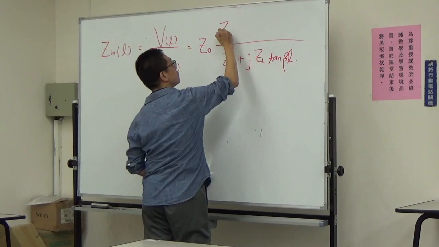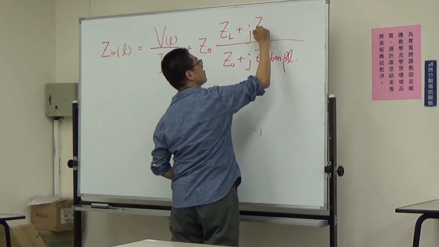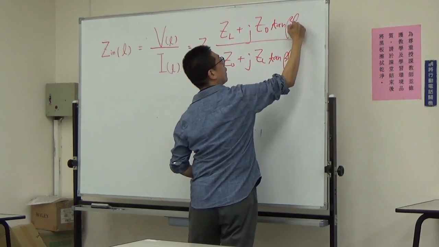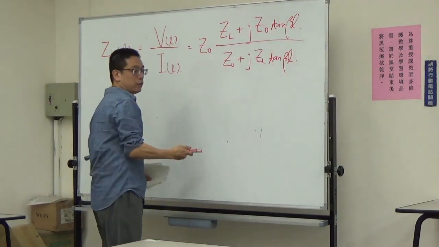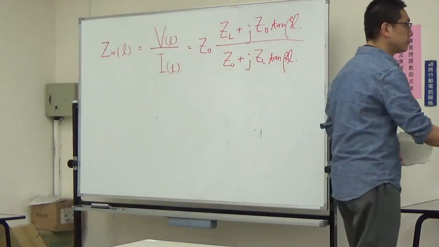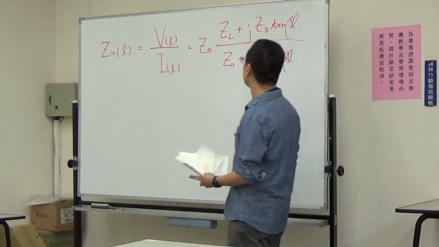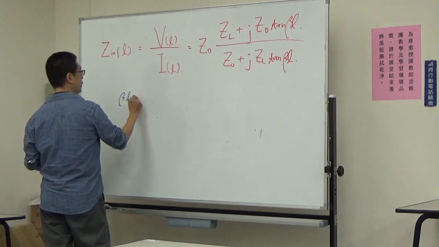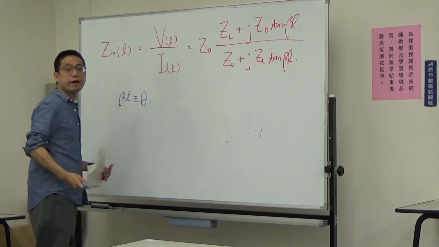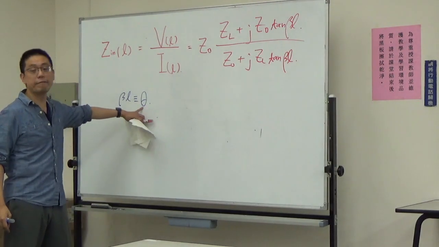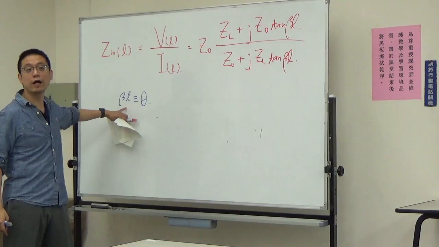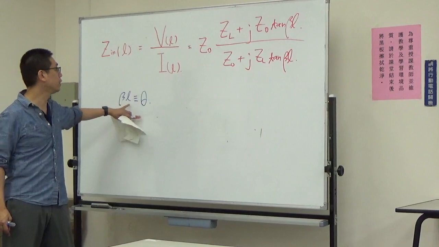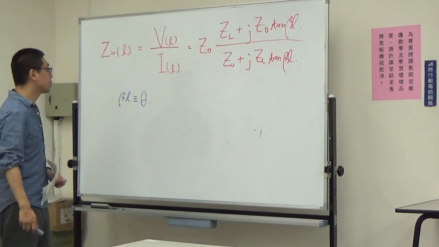And beta L, we can define it as the phase theta. It is only the phase contribution from the propagation in space. So beta L. And what is beta L?